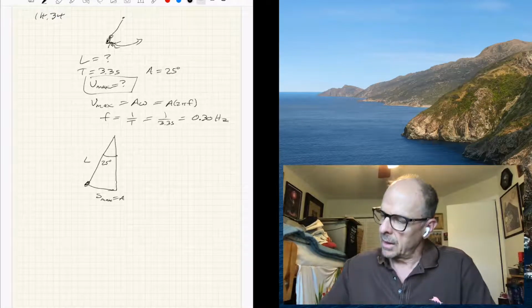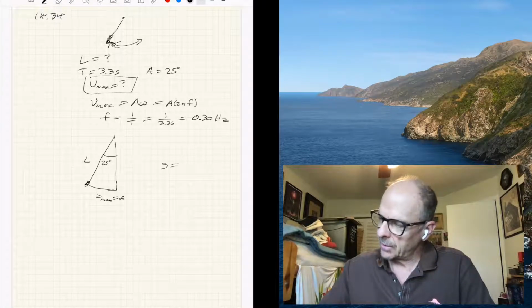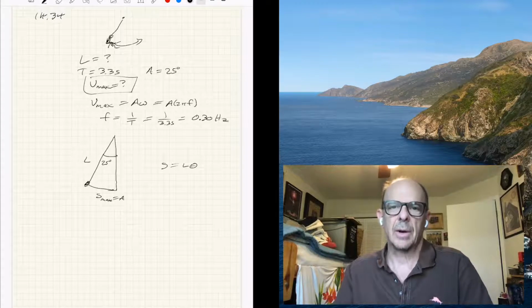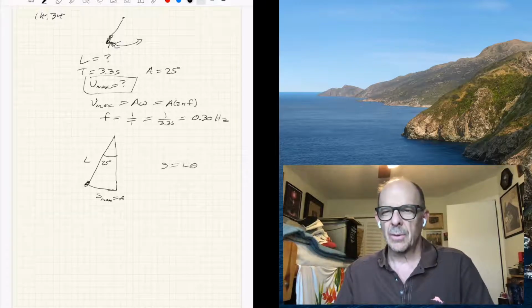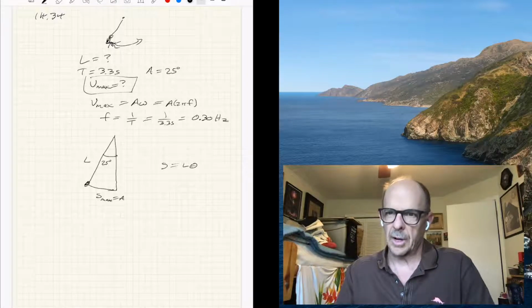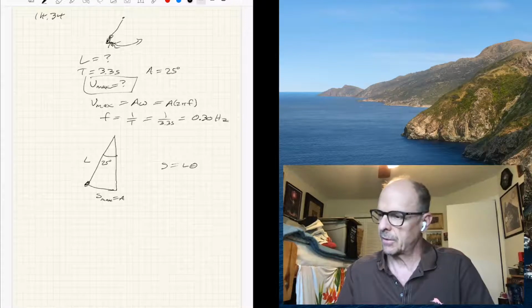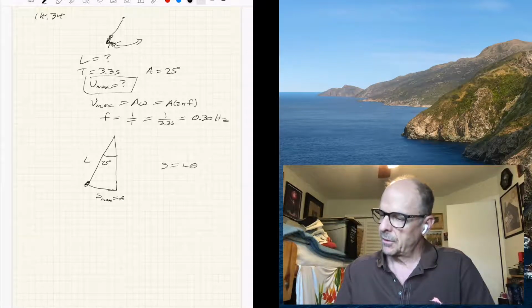Well, remember that S is L times theta when the angle is small. 25 degrees is maybe getting up there a little bit, but we're given this problem as a simple pendulum problem. We're treating it as simple harmonic motion, so that's what we're going to work with.